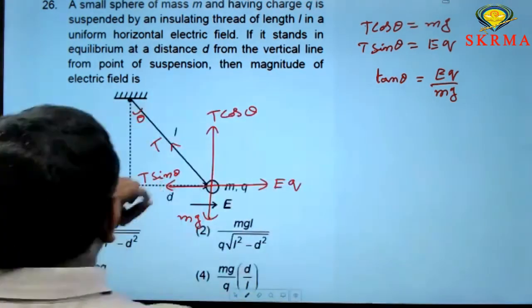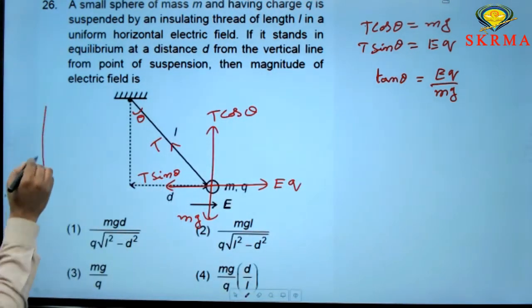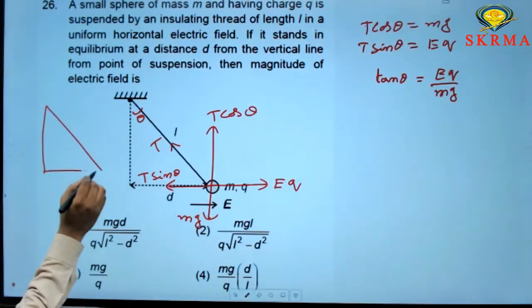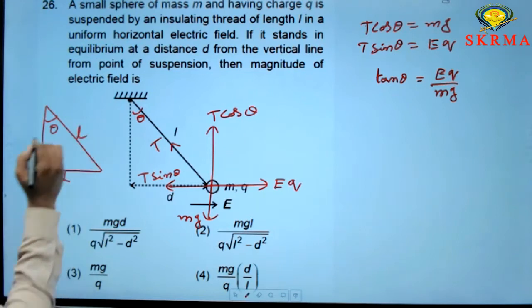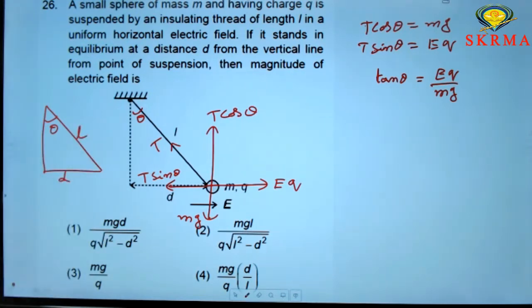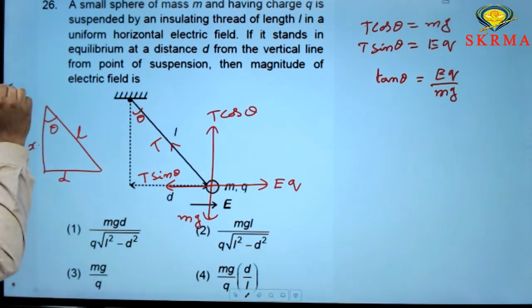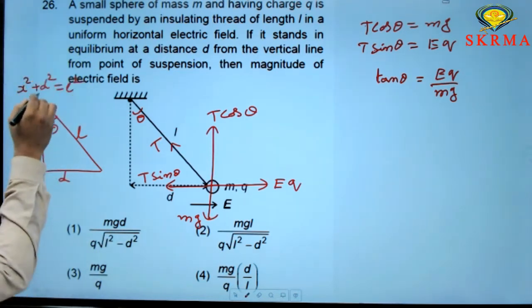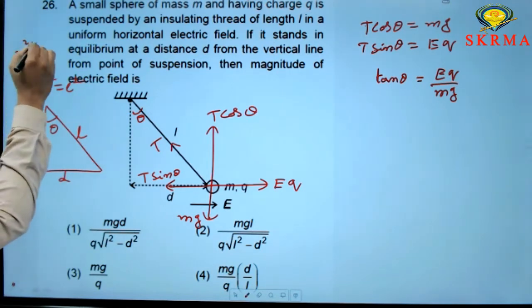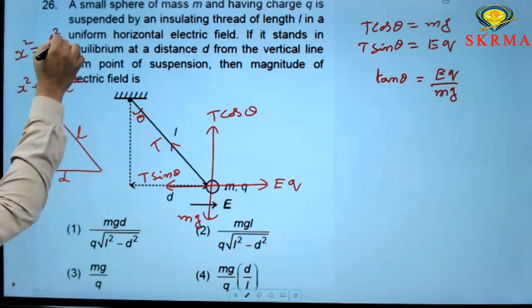Now, check this diagram once. From this diagram, can you write the equation for tan theta? So here is the theta, this is d, this is L. Now if you want to write tan theta, this value you have to find. So let it be x. So x square plus d square equal to L square, or x square equal to L square minus d square.